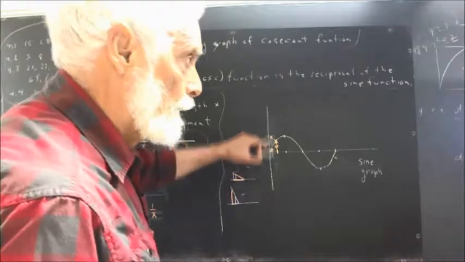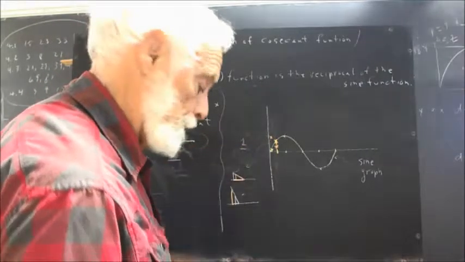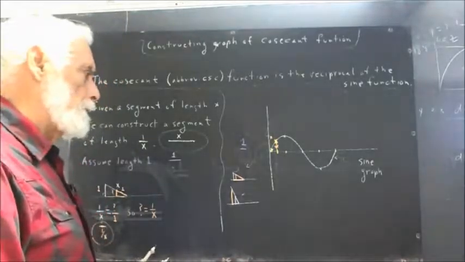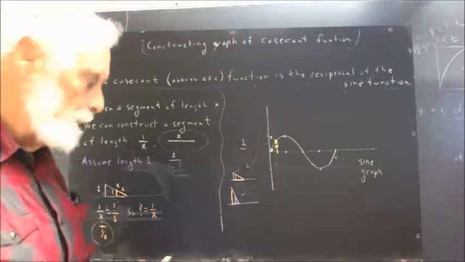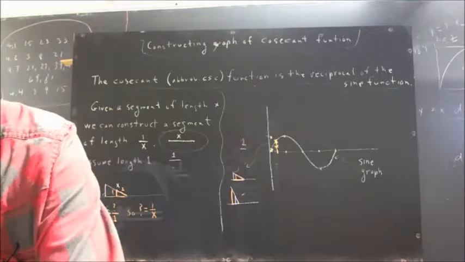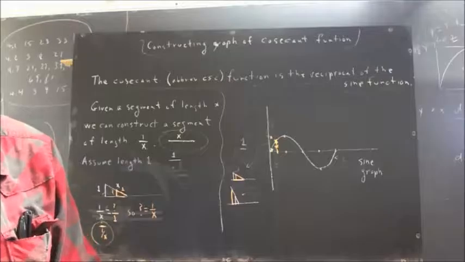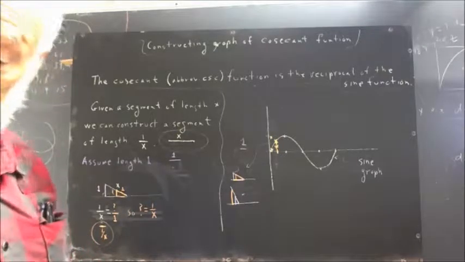even shorter segment in the y direction corresponding to this x coordinate. And I'm not going to draw it, but you should understand that, well, maybe I will draw just kind of a representation. It's hopeless to try to construct it with chalk.